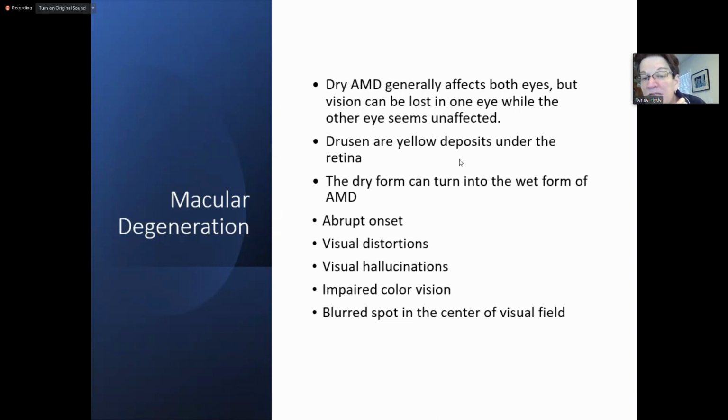Because what happens is that because of that atrophy, they start growing new blood vessels at the back of their eye in order to supply blood to that macular area. Whenever you have the development of the wet type, usually is an abrupt onset with visual distortions, impaired color vision, and that blurred spot.